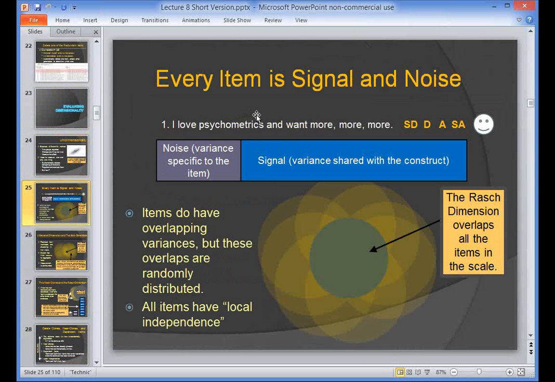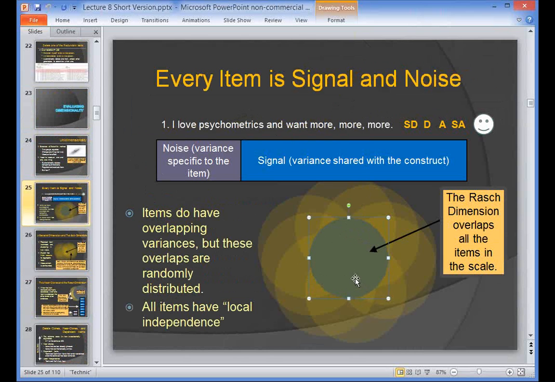And we know that ideally, all of the items on our scale are going to be composed of signal and noise, okay? And ideally, all of the error variances of the items are going to be randomly distributed. When the error variances of the items are randomly distributed, then the signal is going to accumulate in the middle.